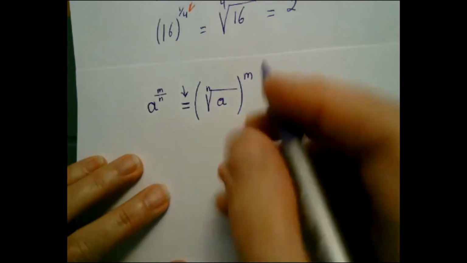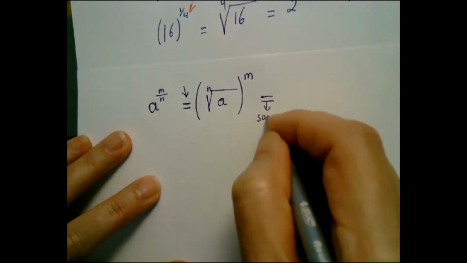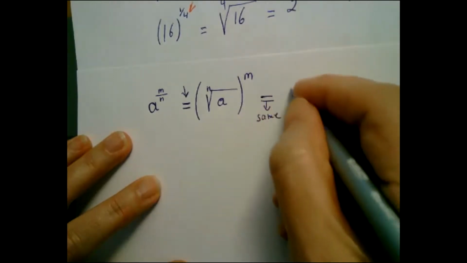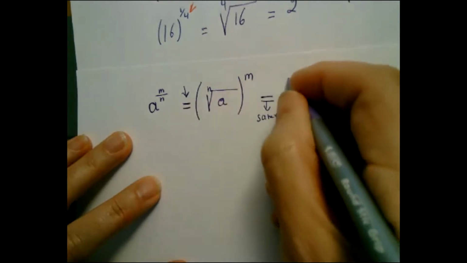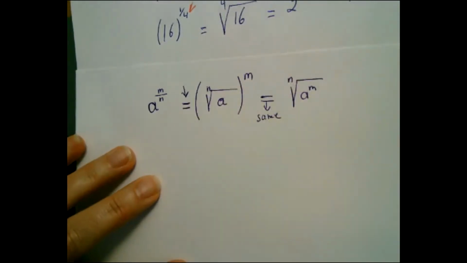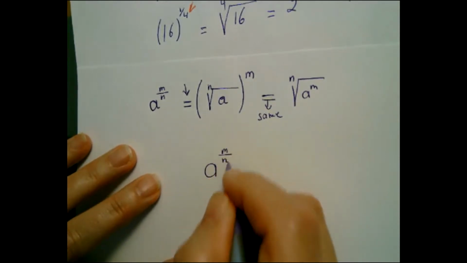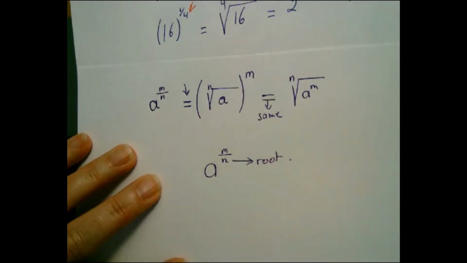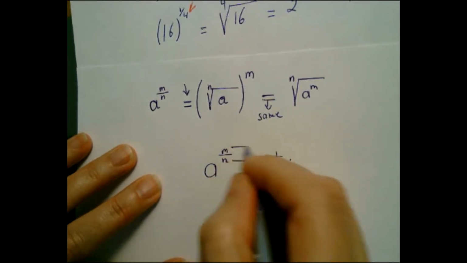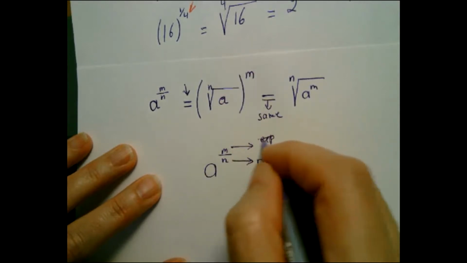That's the hardest one of all, and it's basically the same thing. You can take a to the power m and then the nth root of that. So in the expression a to the m over n, the denominator is the root, the nth root. This one is the exponent, the power.